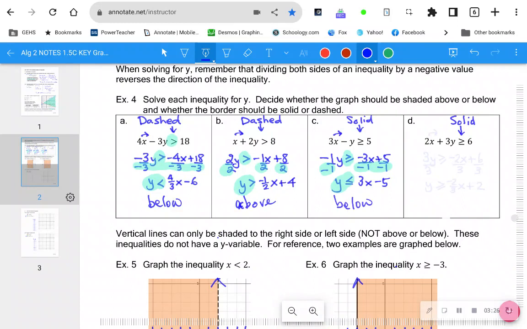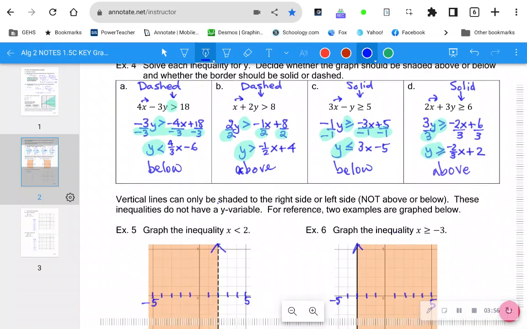Okay, and the last example here, if you solve for y, does not involve switching the sign. So dividing by 3, there's no change, and y is greater than is always associated with shading above the line. So that'd be a solid border shaded above. The other part C would be a solid border shaded below, and we've already done the other two.